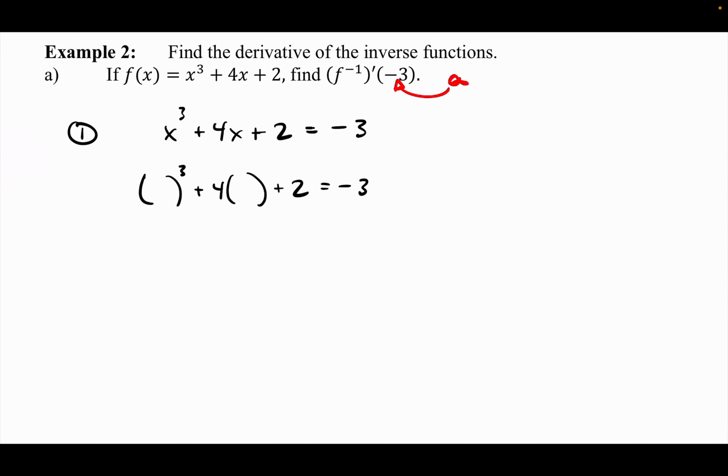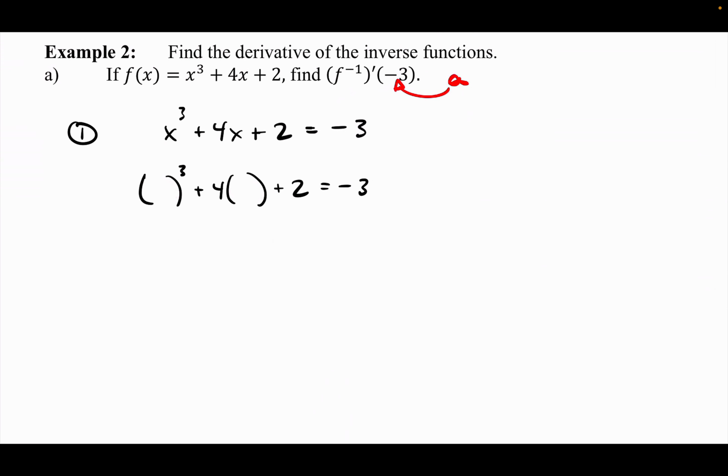-2? So let's see, -2 cubed. So if I were to do -2 cubed, that's -8, right? And then if I were to do -2 in here, that's -8 plus 2. That would be -6. Close. So -1? Let's say -1. What's -1 times -1 times -1? -1.